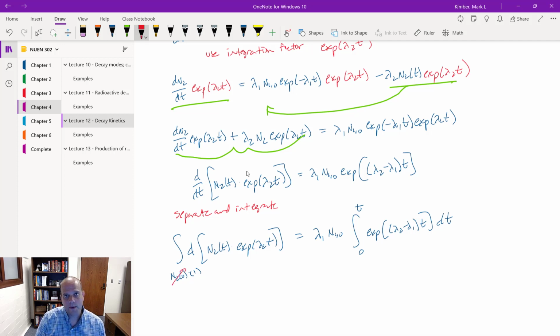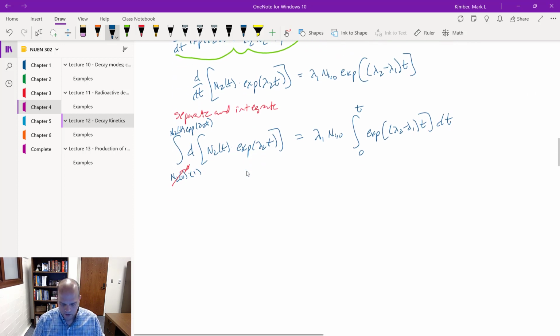And then up here, this just becomes n2 of t times exponential of lambda 2t. So the bottom bound of that integral on the left-hand side is also 0, but it's only because that initial inventory of isotope number 2 is assumed to be 0. If it were not, then we'd have to be careful what we choose for the bounds of the integration. So then the left-hand side just becomes n2 exponential of lambda 2t.